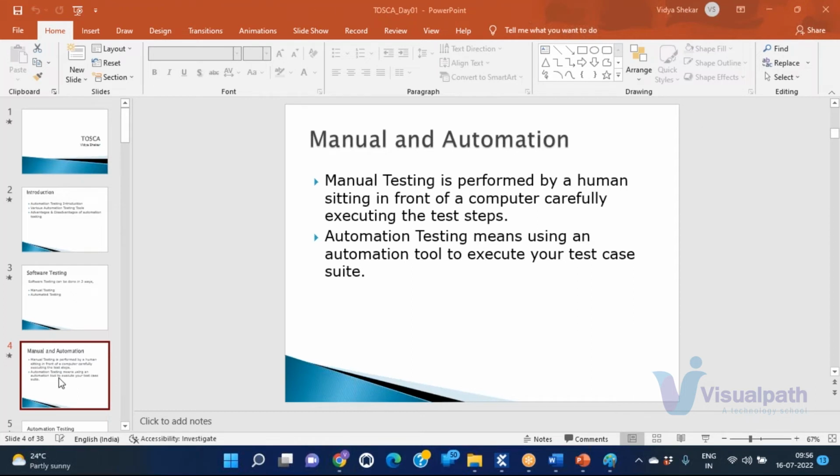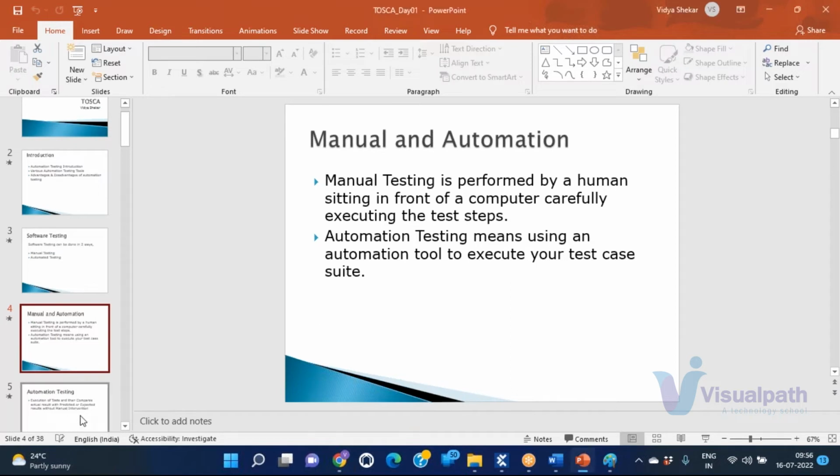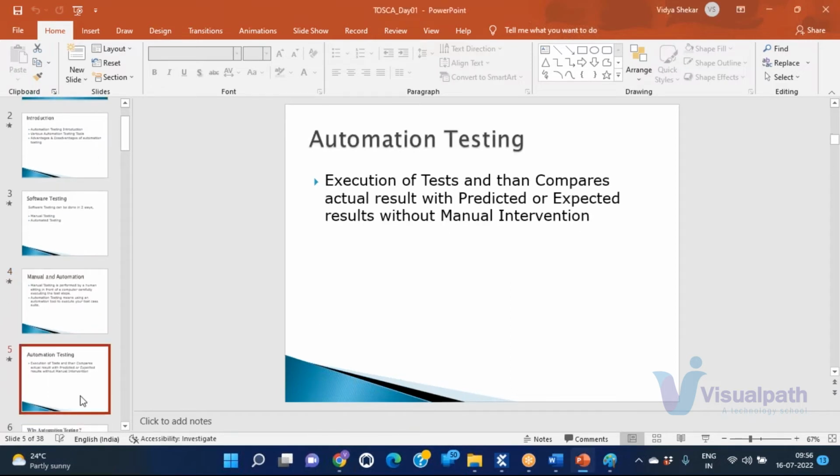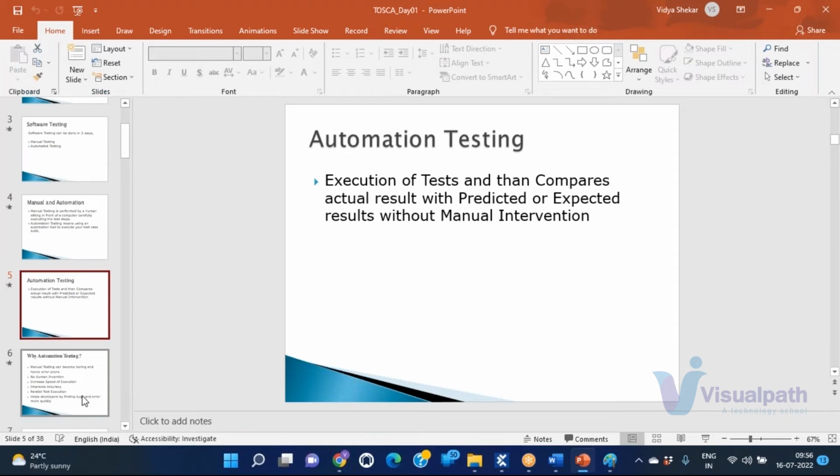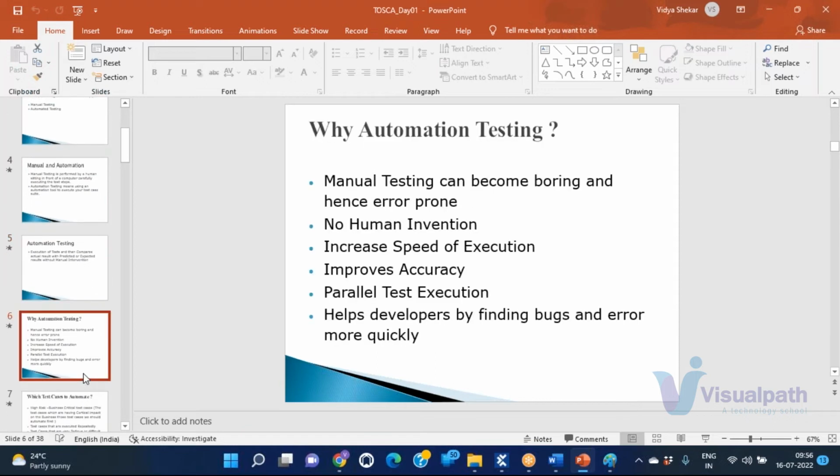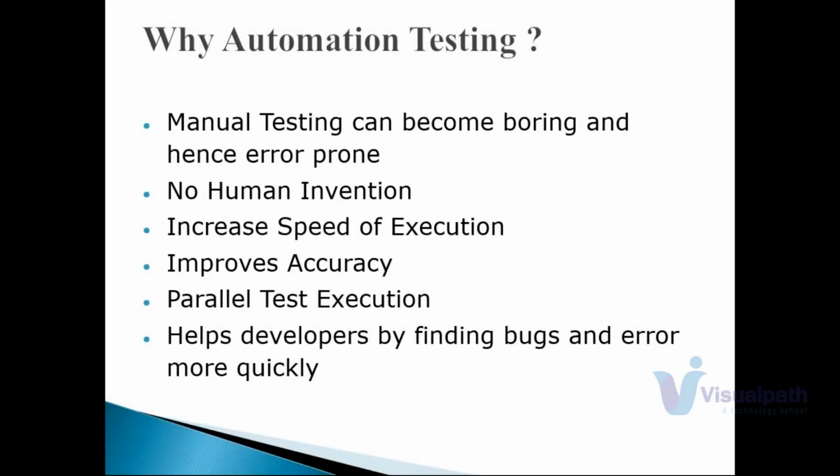It's not that you should depend only on Tosca or on any particular tool. I hope you are getting some knowledge. Why should we go for automation? As I said, there may be some errors if a person is working on it, and also the execution speed will be comparatively less.